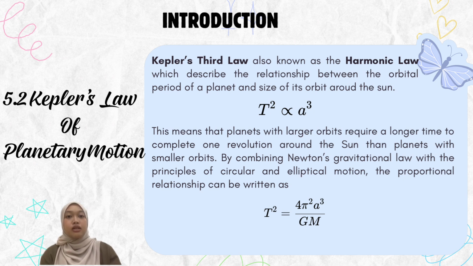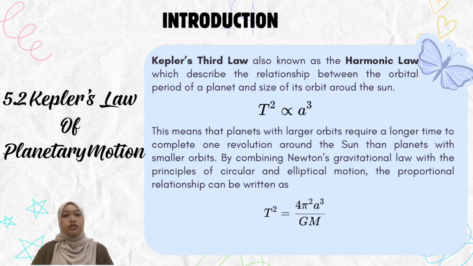By combining Newton's gravitational law with the principles of circular and elliptical motions, the proportional relationship can be written as T squared is equal to 4 pi squared times a cubed divided by GM, where G is the universal gravitational constant, M is the mass of the central body, and a is the semi-major axis of the orbit.